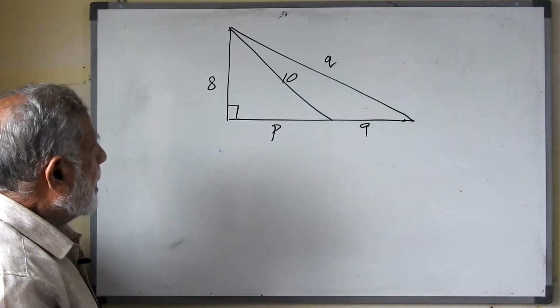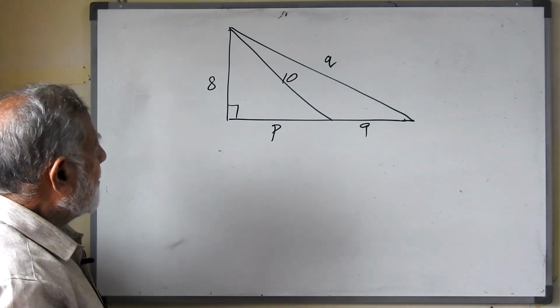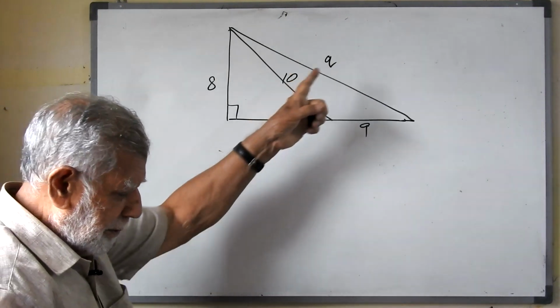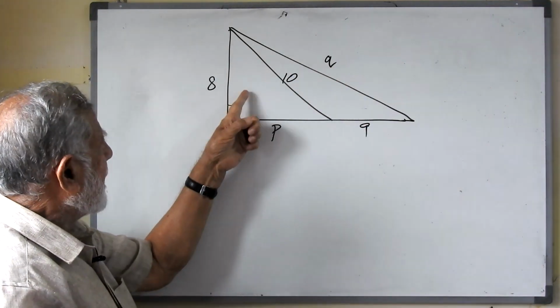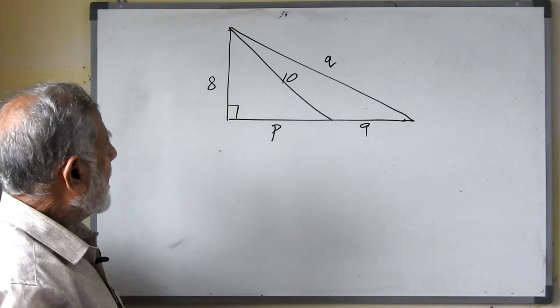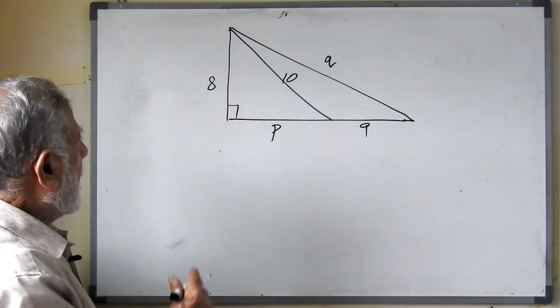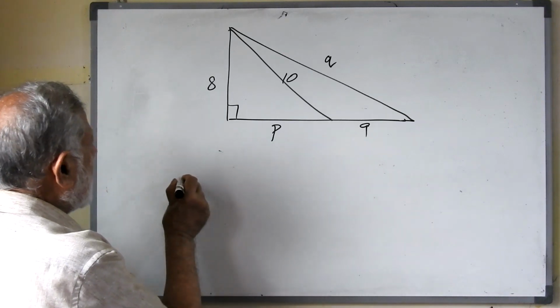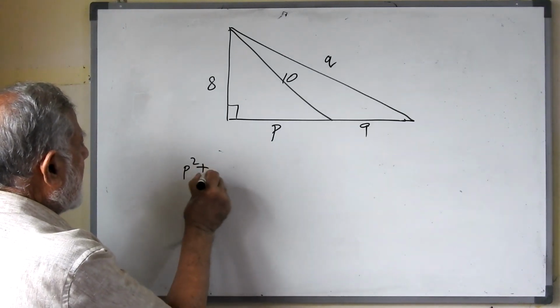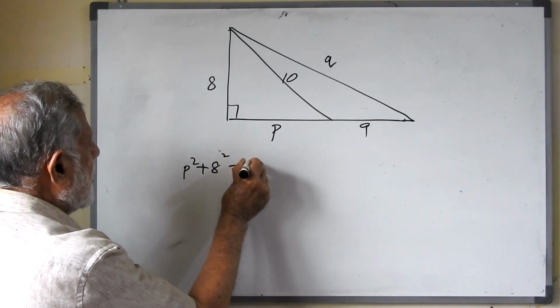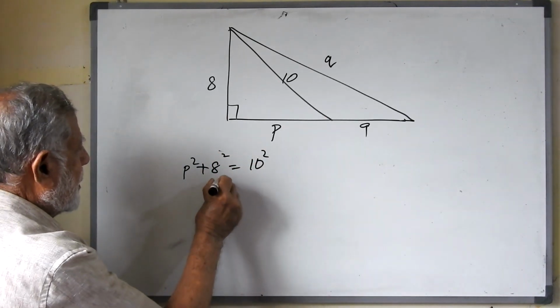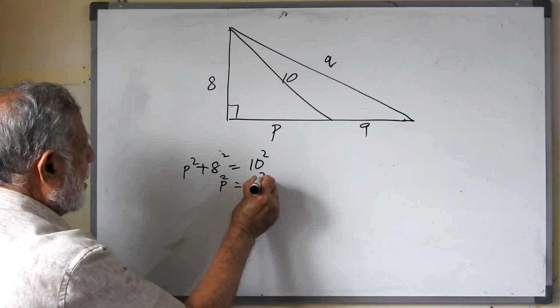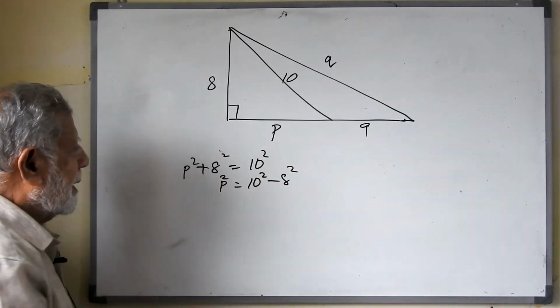Now in this question, we have to find the values of p and q. So first of all, we'll take this triangle. If we take this triangle, we can write Pythagoras theorem, that is p squared plus 8 squared is equal to 10 squared. So p squared is equal to 10 squared minus 8 squared.